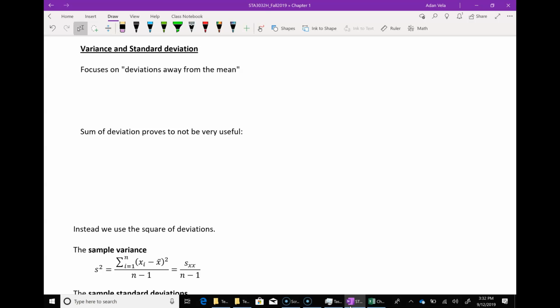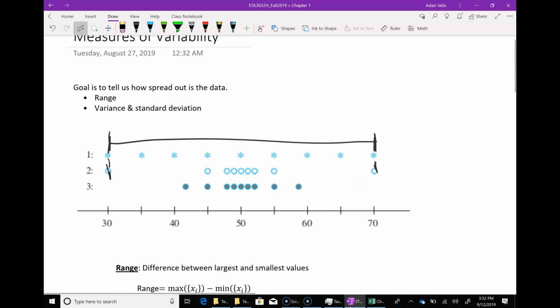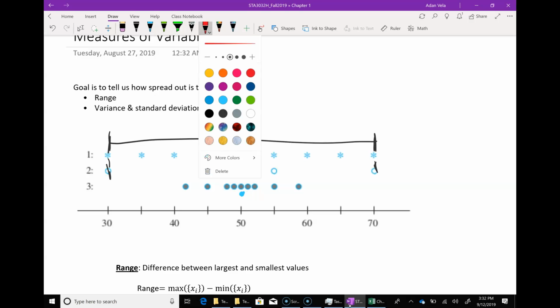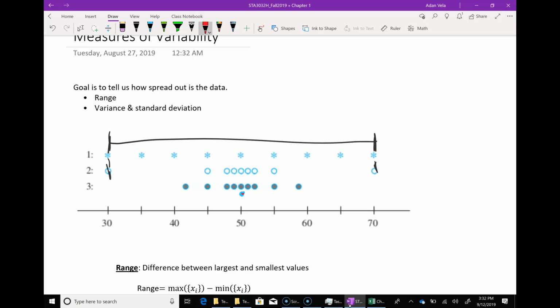So normally we're talking about deviations away from the mean when we want to measure variance. Let's say in this example our mean is right here. We'd measure the distance from that center point to every other point, and we'd sum it up in some way, and that tells us how spread out we are.